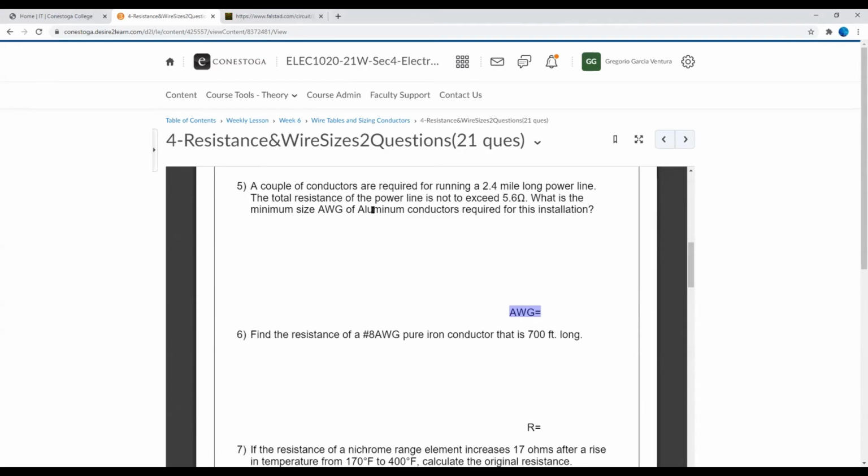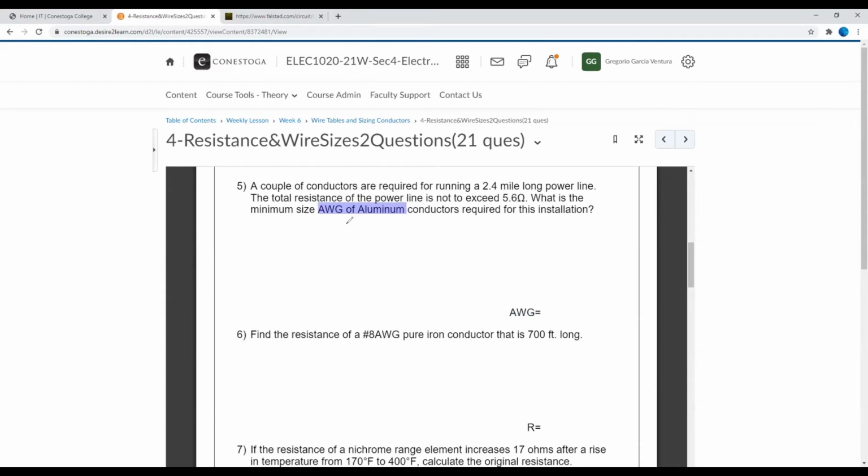The total resistance of the power line is not to exceed 5.6 ohms. And why don't we want to exceed a certain amount of ohms? Because we are limited by the amount of voltage drop that we can have in our lines. We want to determine the minimum sized aluminum conductor required for the installation.